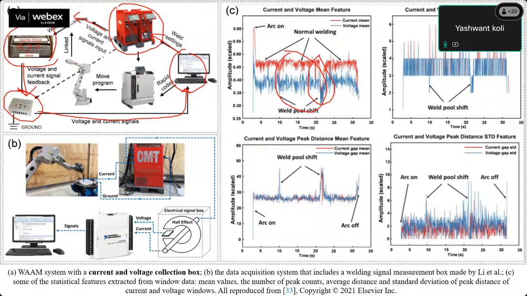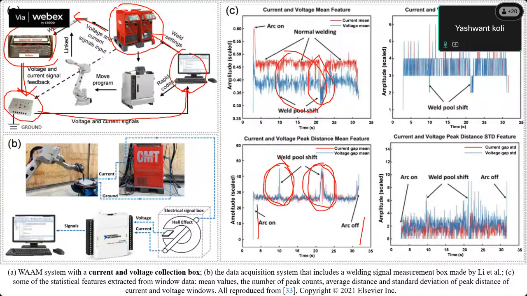Other defects are geometric or fusion defects and multi-layer WAAM monitoring. So there are multiple defects that can be monitored with these current and voltage waveforms. If there is some misalignment in the weld pool shift, you can see in the image, this is the arc on, arc off, and this is the weld pool shift. If the weld pool is shifting, a spike will be identified.